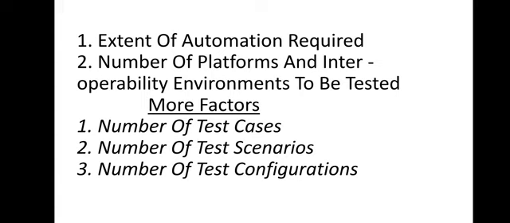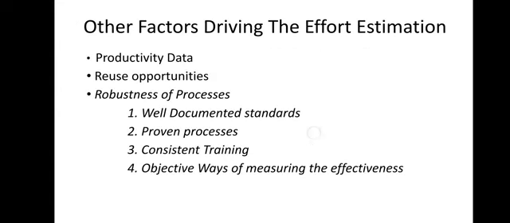Now we can also express size estimates in terms of some new things like number of test cases, number of test scenarios, number of configurations to be tested. As well as we have to check the productivity data, reuse opportunities and process robustness. That means how robust the processes are.